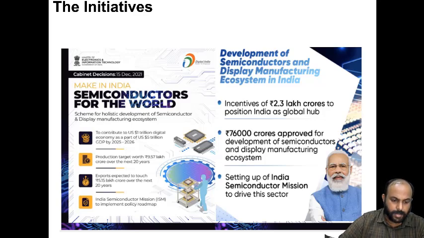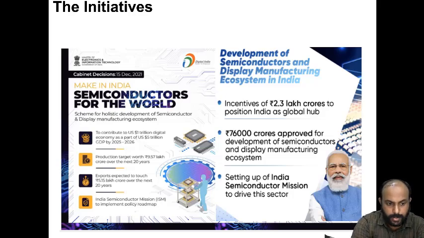The India Semiconductor Mission is approved to implement the policy roadmap for development of semiconductor products in India. Also, the government is aiming to touch an export share of 5.15 lakh crore over the next 20 years, with a production target of roughly 9.5 lakh crore over the next 20 years.